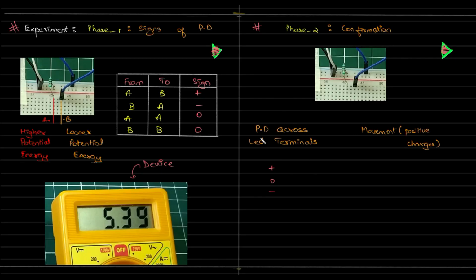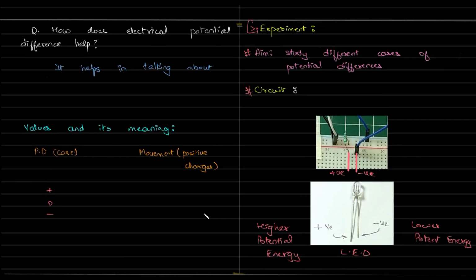So what did we see? Only when the potential difference across the LED was positive, we saw movement. When it was zero, we didn't see any movement. When it was negative, we again didn't see any movement. I hope you guys are at a better place to understand the idea of potential difference. It's all about energy and movement.